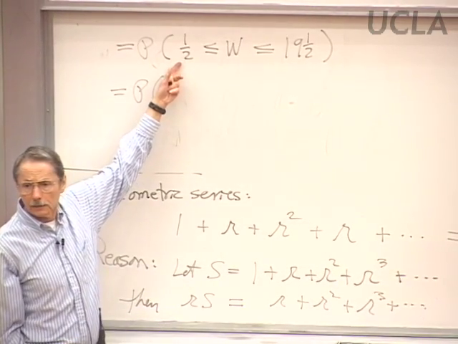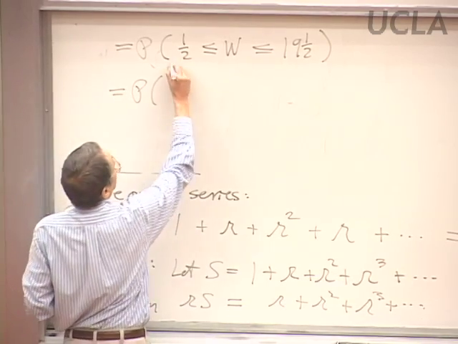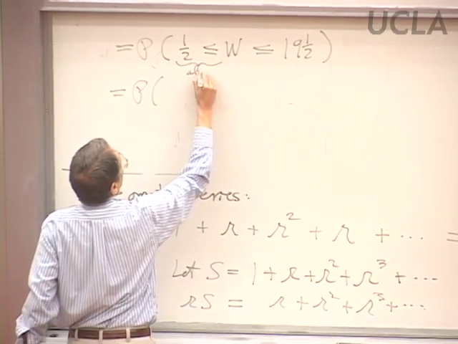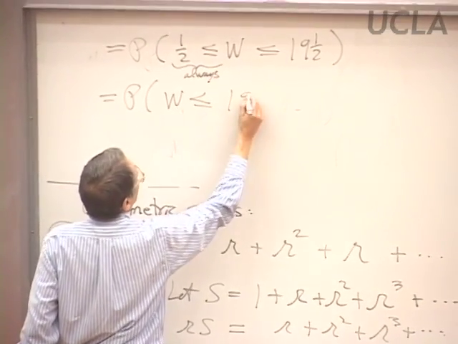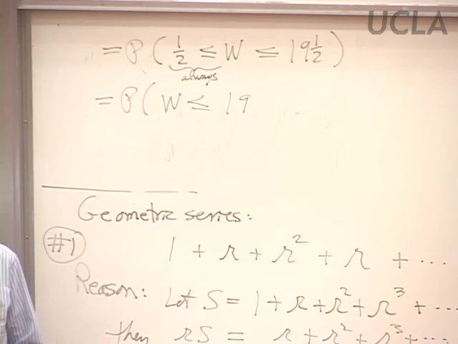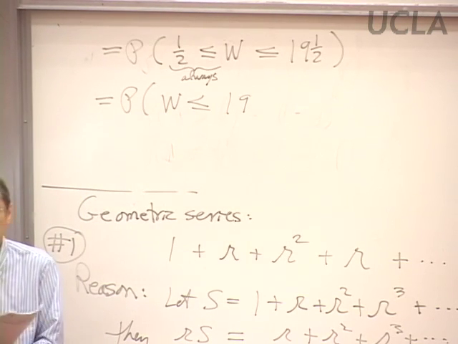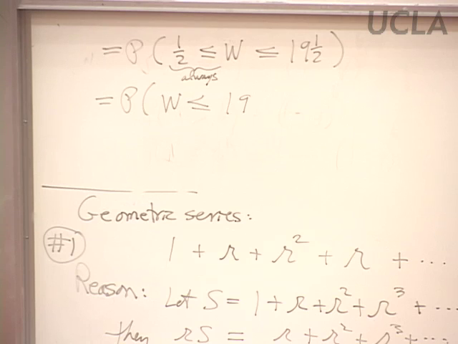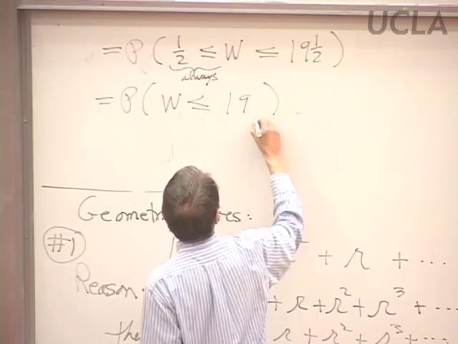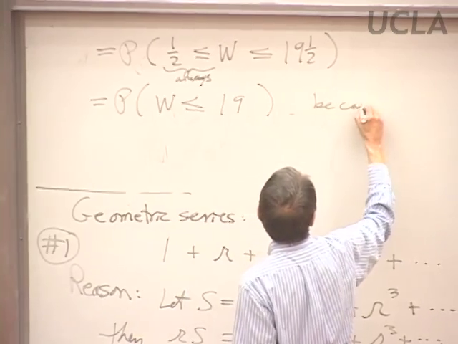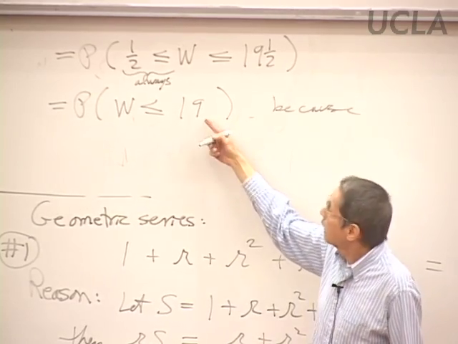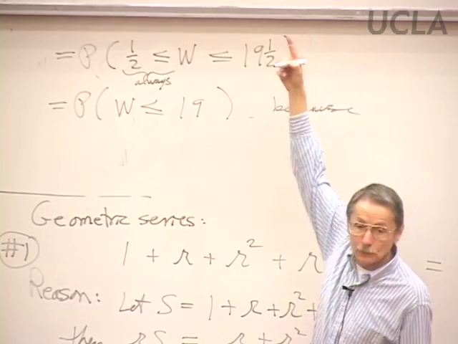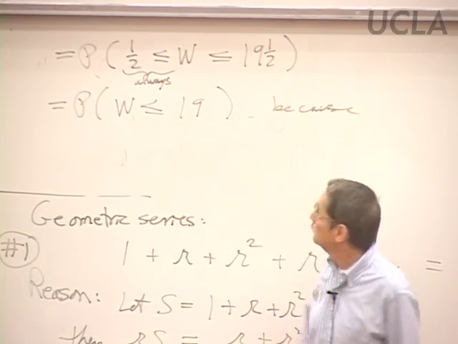We can ignore that. That's always true. And the only way it can be less than 19.5 is to be 19 or less, because it's got to be a whole number. So we want the cumulative distribution at 19. Okay, and we have a formula for that up at the upper board.